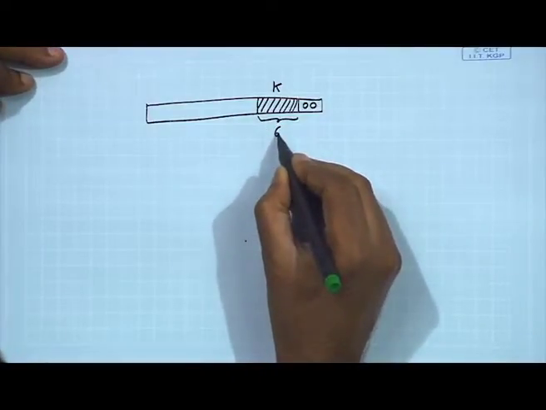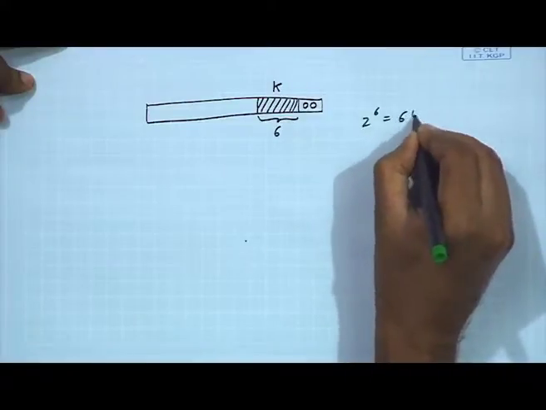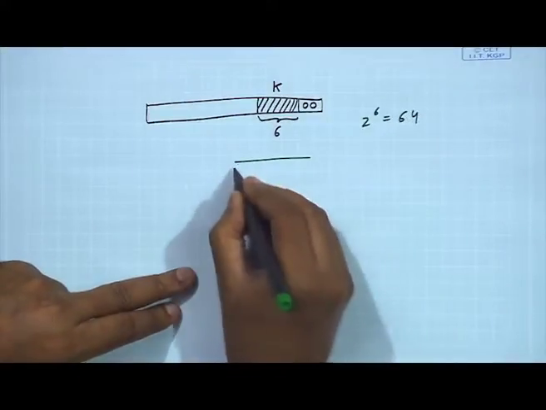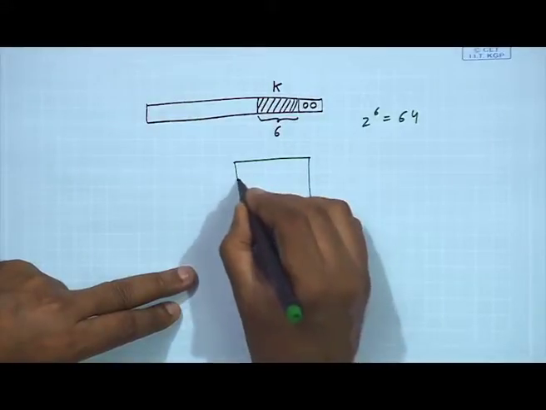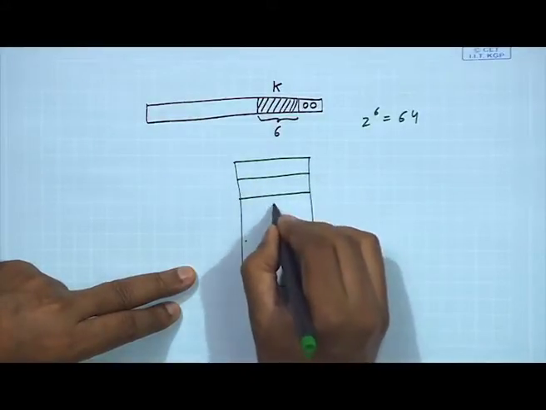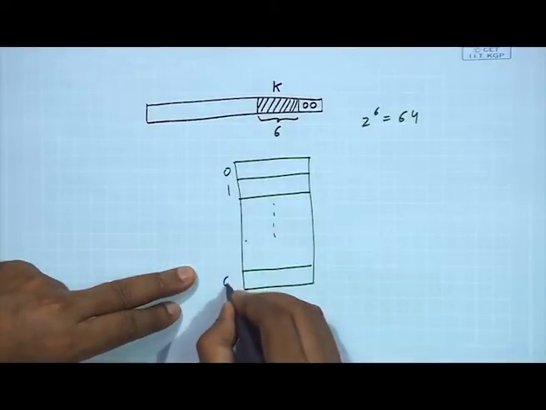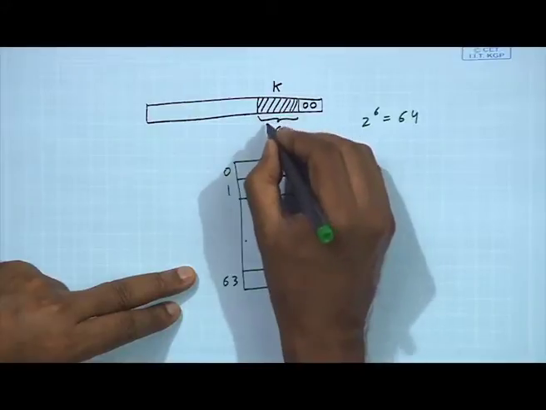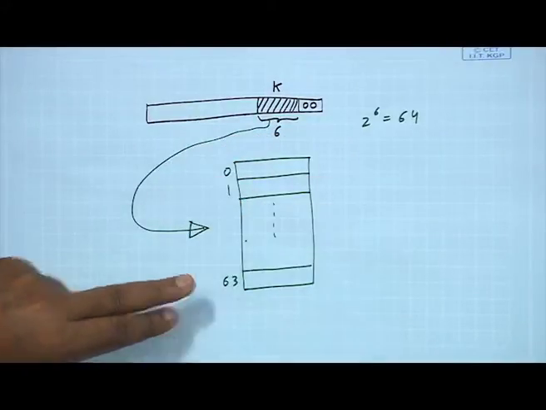If I take it is 6, 2 to the power 6 means how much? 64, right. So, I will be having a small memory with 64 entries, 0, 1 up to 63. These few bits will be used as the address to access this memory.